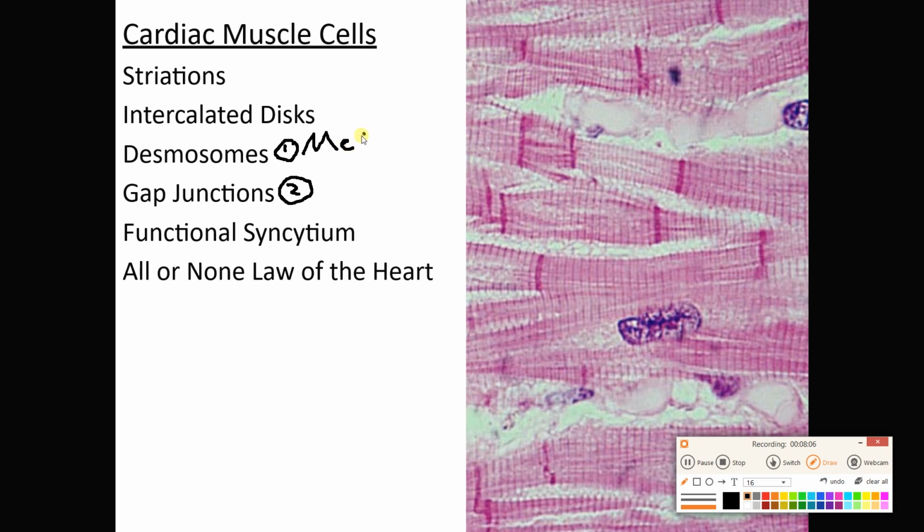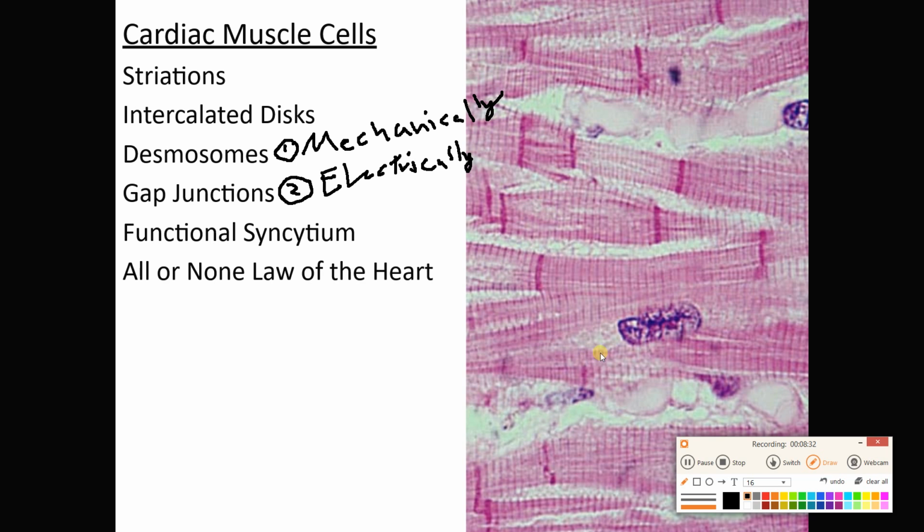Desmosomes are going to mechanically, physically bind cardiac muscle cells to each other. So there's a physical connection. Gap junctions are going to electrically join cardiac muscle cells together. So desmosomes are basically going to prevent those cardiac muscle cells from coming apart.